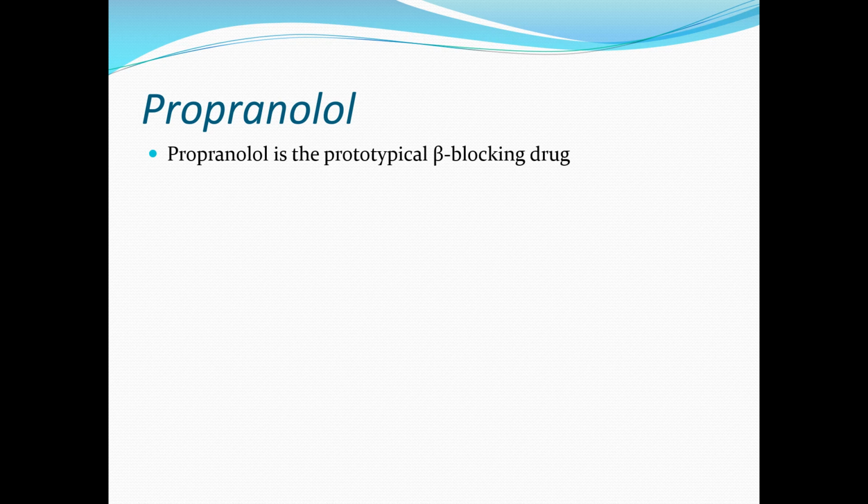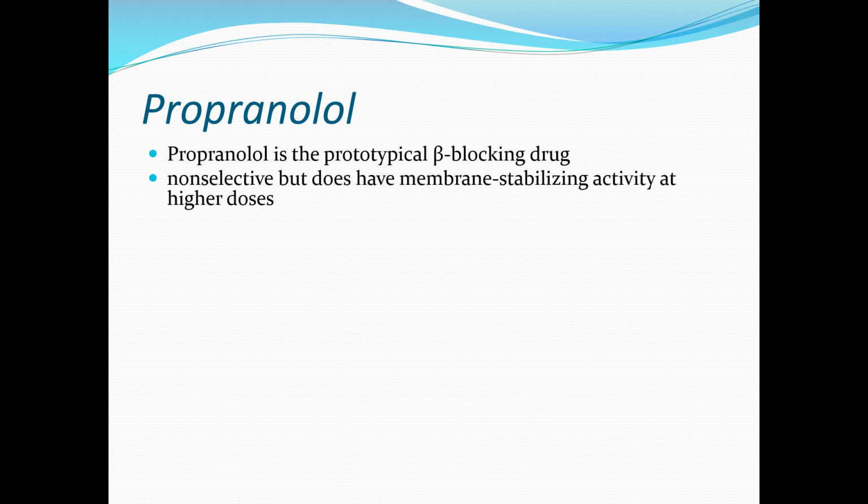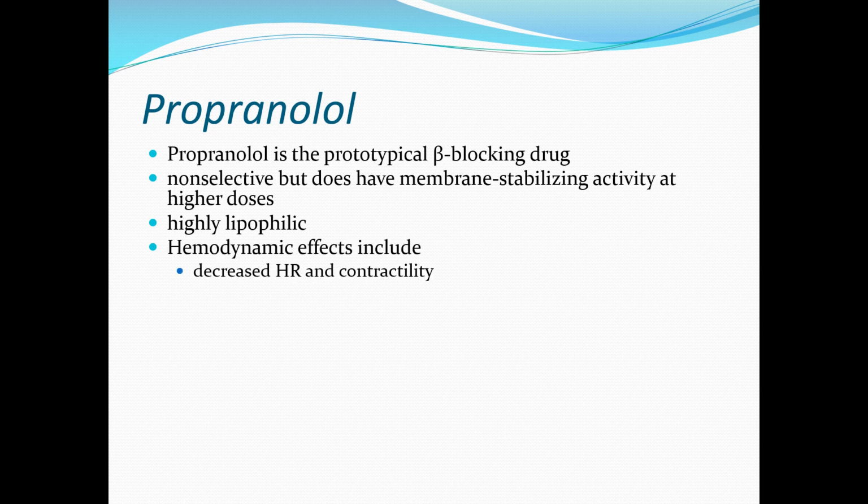Propranolol is the prototypical beta blocker. It's non-selective for beta 1 and beta 2, but does have some membrane stabilizing activity, especially at higher doses. It's highly lipophilic, and its hemodynamic effects include decreased heart rate and contractility, as you can imagine.